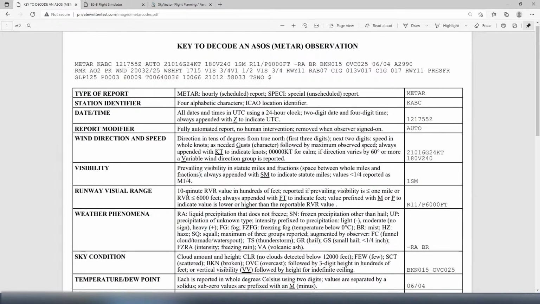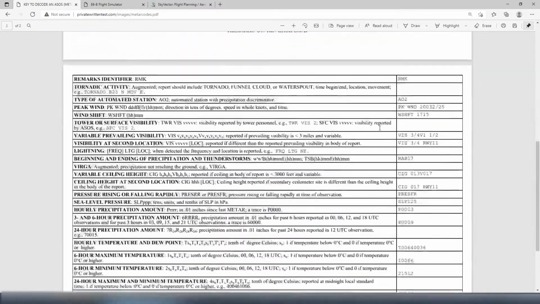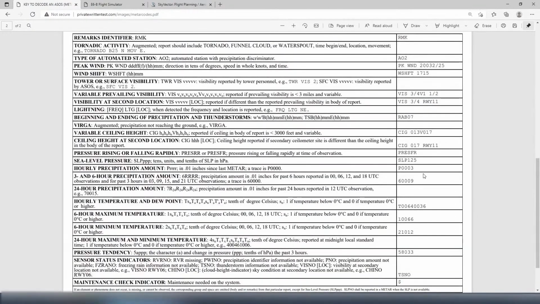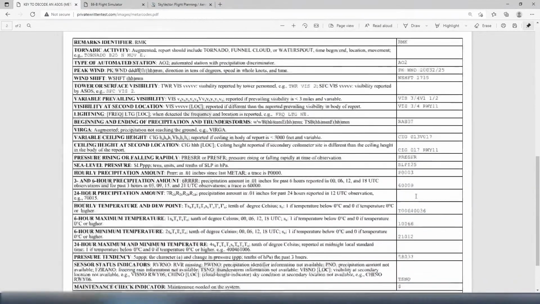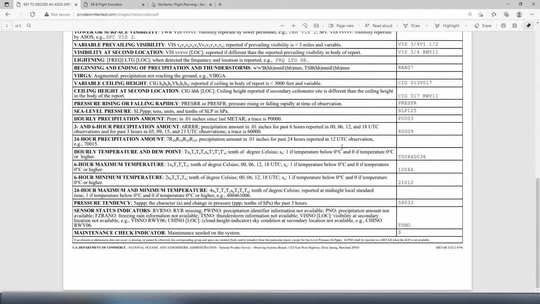If you have a METAR system, or in this case, this is an ASOS, which is an automated METAR system, and it has all the bells and whistles, meaning it's fully loaded here, you'll see that these can be quite long if it truly does have, number one, bad weather conditions, and it also has all of the different precipitation indicators, how much rain fell every 3, 6, and 9 hours, etc., etc. But anyways, this is a 2-page document, and like I said, you can read this METAR at the top and decode it, line by line, section by section, and it's in the exact same order.